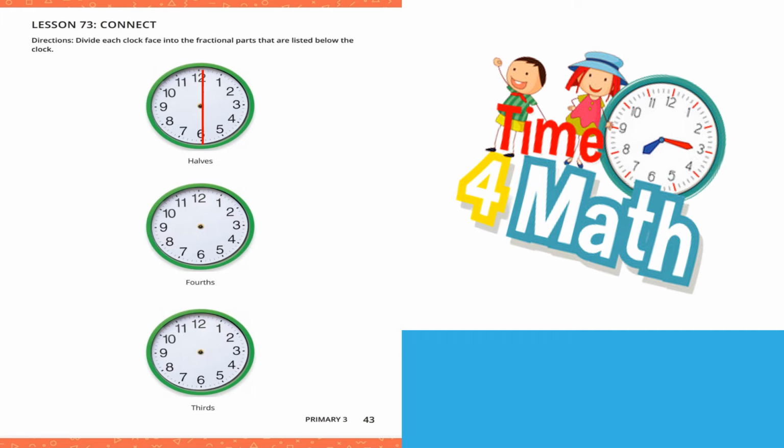How many fourths in the one whole? 4/4. So it can be divided like this, if we started from 12. Thirds. How many thirds in the one whole? 3/3. So it can be divided like this.